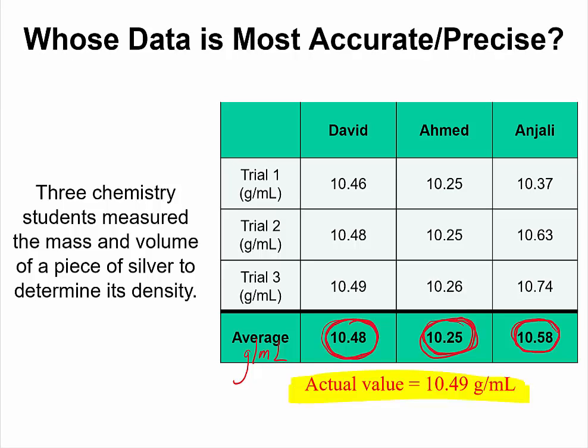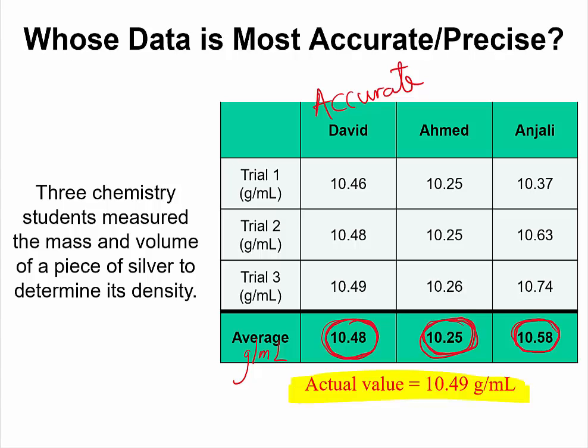Simply looking at those averages, we can immediately see that David's values are accurate. They are very close to the true value, to the actual value.